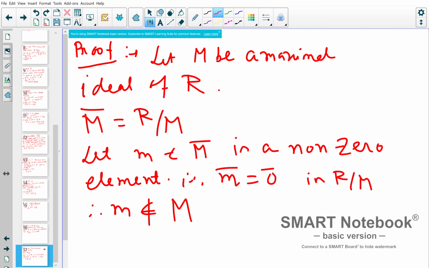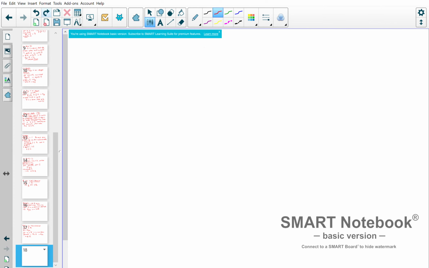This is the meaning. So if m does not belong to this capital M, then what you can do? You can obviously play the trick. What is the trick? I will define another ideal, I'll say J, which is M plus that element small m. This is already defined in the last class. Addition of two ideals is an ideal, right? So the element of the form will be something from here and something from here.